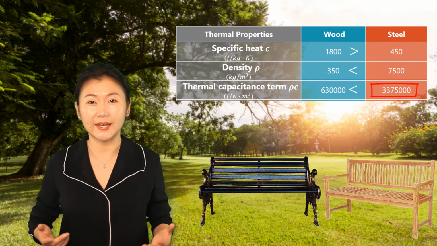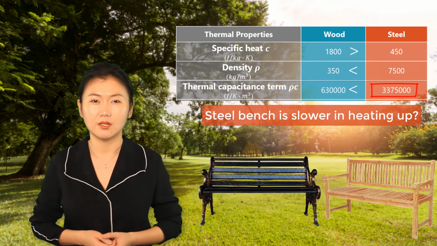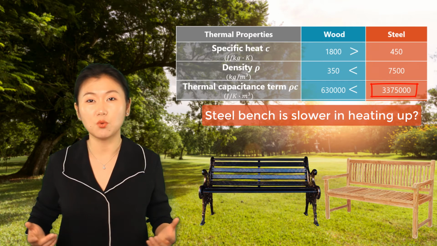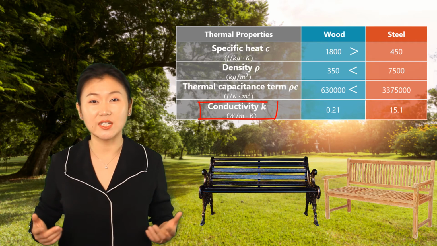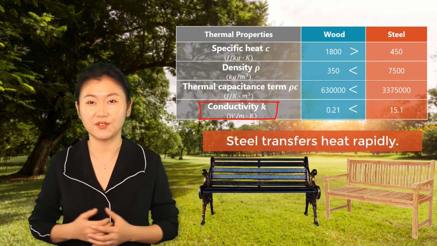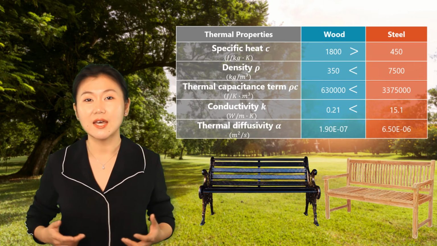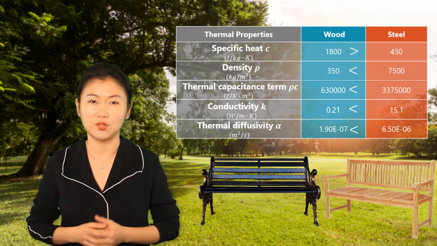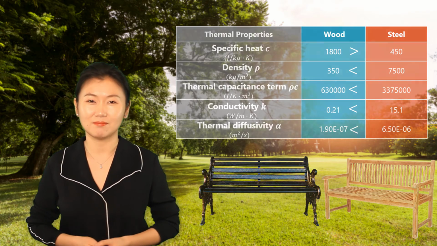This seems to indicate that the steel bench is slower than the wooden bench in heating up. Does this mean our choice of sitting on the wood bench a bad idea? In fact, thermal conductivity plays a key role here. Steel can conduct heat much faster than wood. If we calculate the thermal diffusivity, we'll find that the value of steel is larger than the wood. So our choice of sitting on the wood bench indeed is wise.